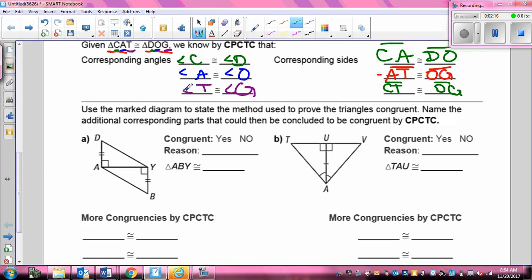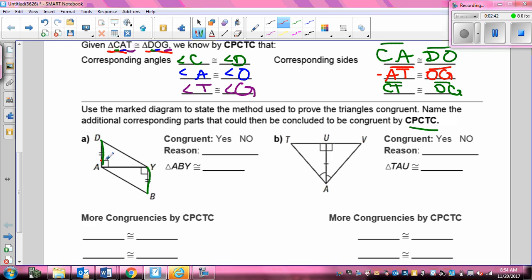So it says use the marked diagram to state the method used to prove the triangles are congruent. Then name the additional corresponding parts that could then be concluded to be congruent by CPCTC. So first we're saying, can we prove these triangles are congruent? Well, we have this side, DA, is congruent to this side, YB.